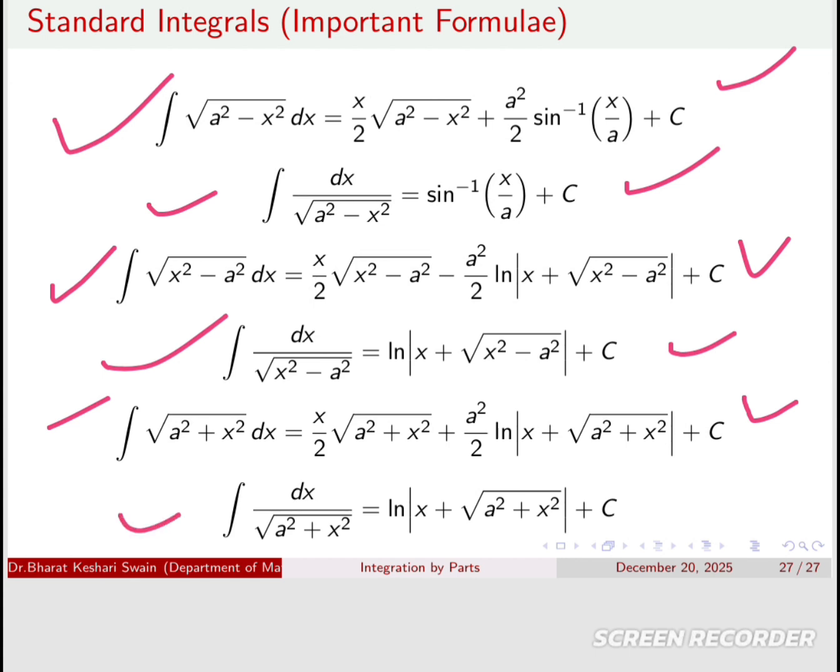And then integration of dx by root over a square plus x square is ln x plus root over a square plus x square. All these formulas we can derive using our by parts rule. We have already done two, and the remaining three or four we can derive easily. These results can be used directly as formulas.